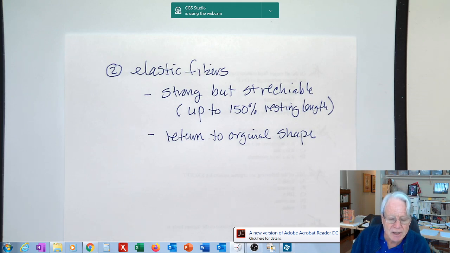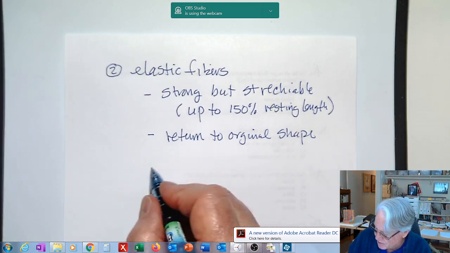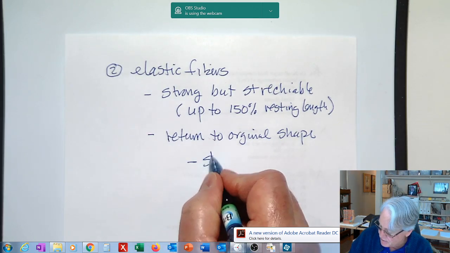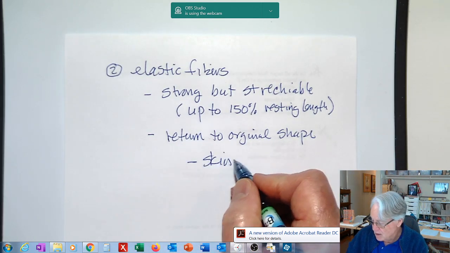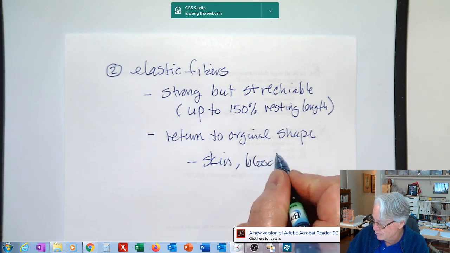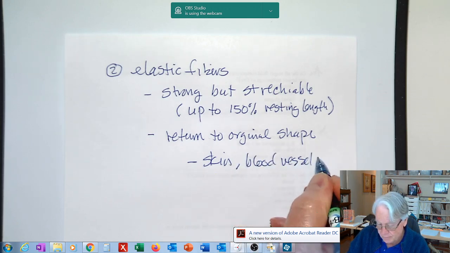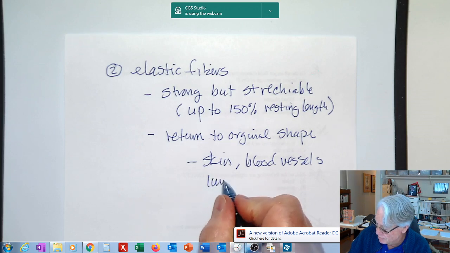So first, collagen fibers, no stretch, but it's very strong. So they provide a lot of strength to connective tissue. Elastic fibers, they're strong, but they're stretchable. So now the tissue can be stretched a little bit, and then it can come back to its original shape. So you find a lot of elastic fibers in areas like the skin, in blood vessels, lung tissue.